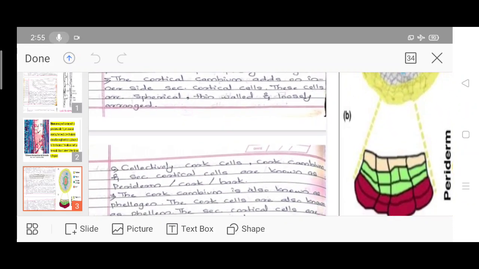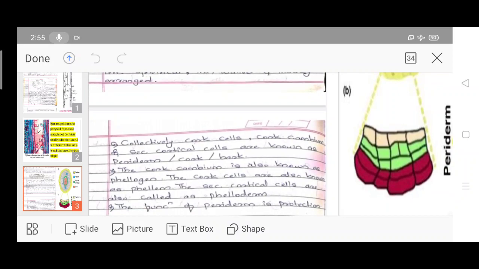So collectively the cork cells, cork cambium and secondary cortical cells are known as the periderm, which is also called cork or bark. This cork cambium is also known as the phellogen.